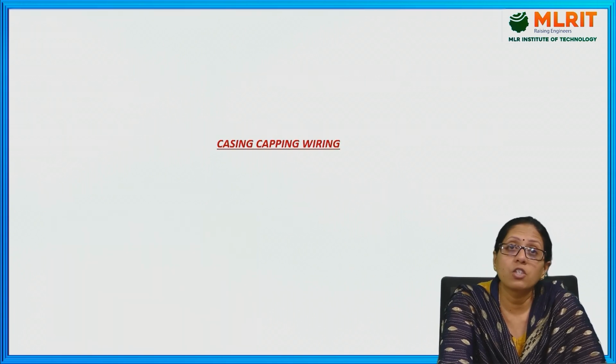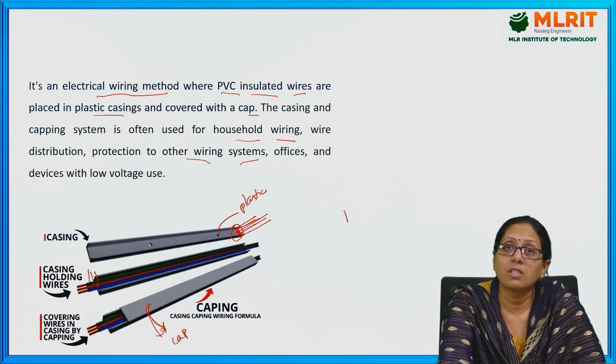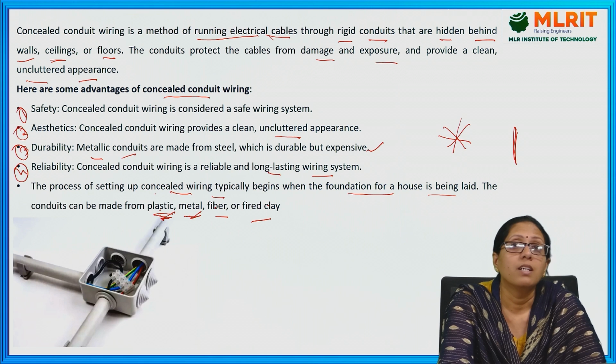So the first two cases are after construction of a building, but the third one is before construction of a building. The wires are not visible outside the wall; they are placed inside the walls.